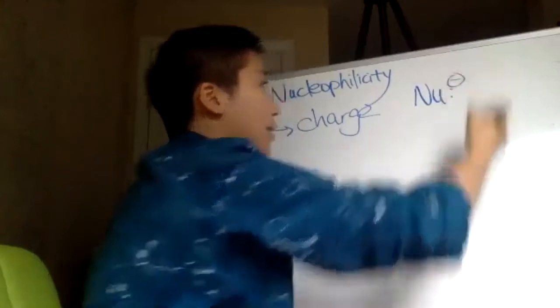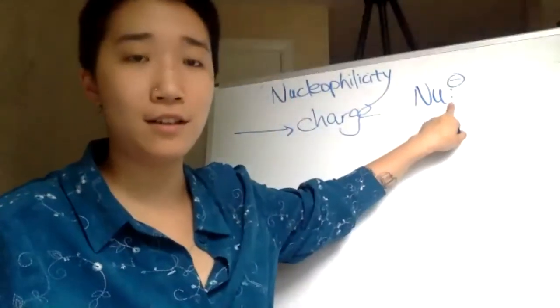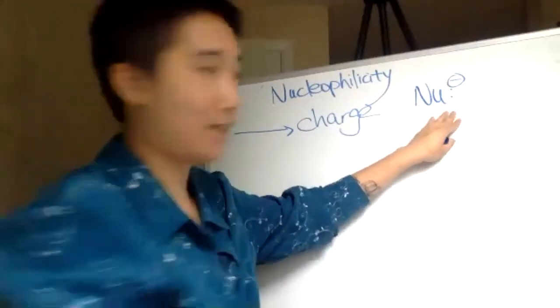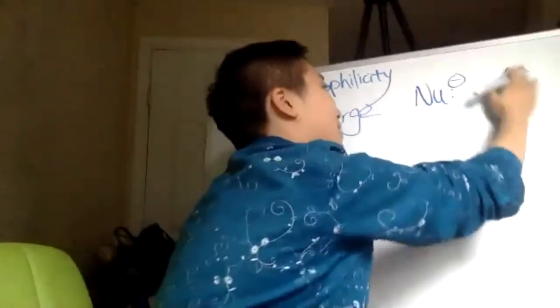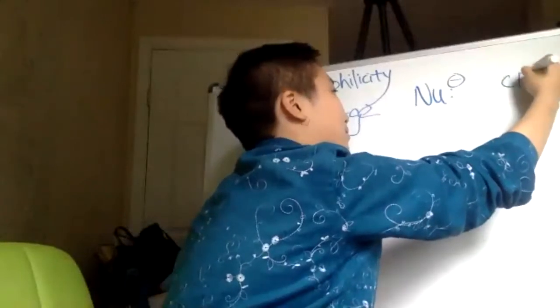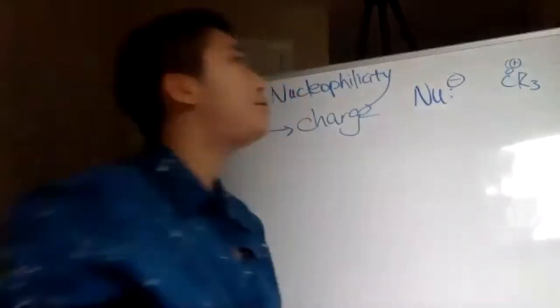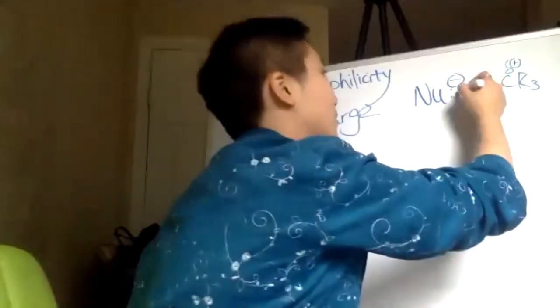So the purpose of a nucleophile, I always draw it this way because I show the pair of electrons that reacts. The purpose of a nucleophile is basically to attack some sort of partial positive carbon, right?